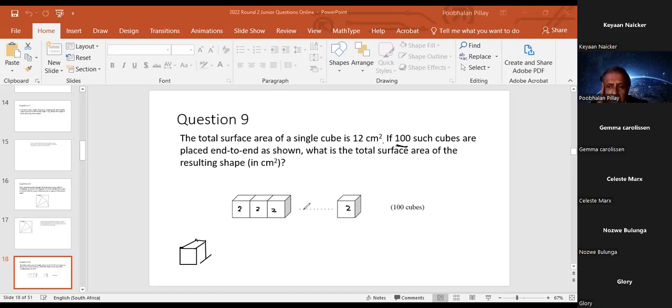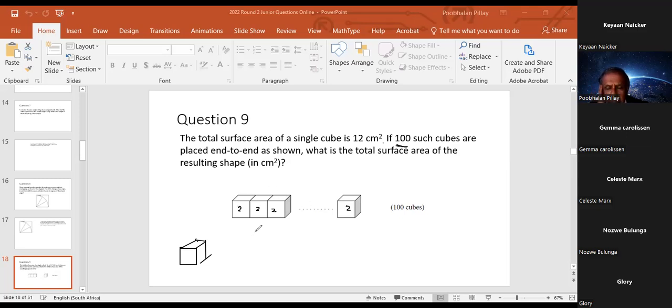Well, you got 100 of these. So this total surface area, you got 100 twos here. But you got also another 100 twos at the top, another 100 twos behind, and another 100 twos at the bottom. Right? That's the total surface area. So there are 4 sides all around.